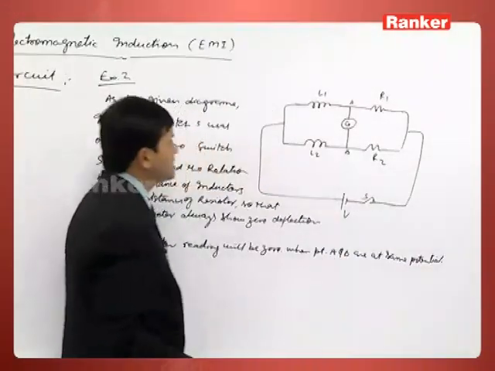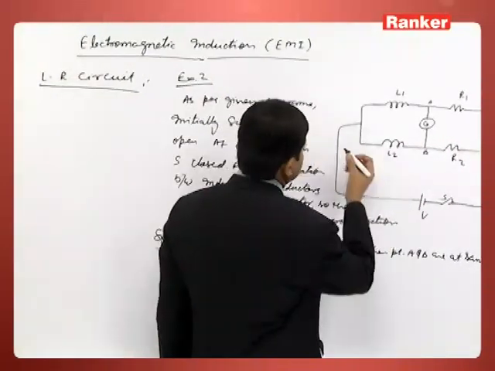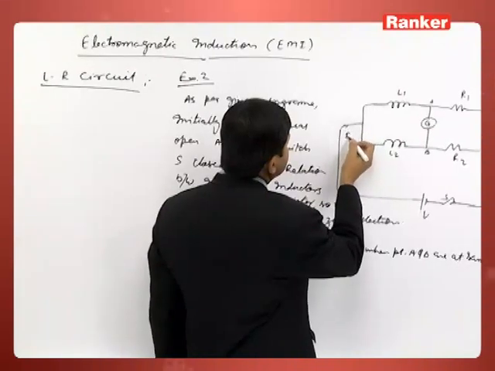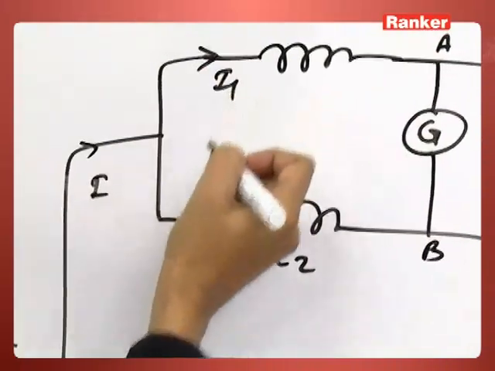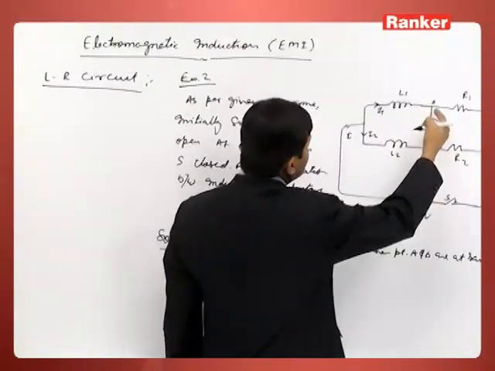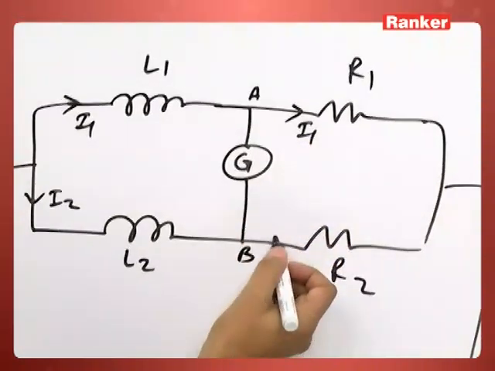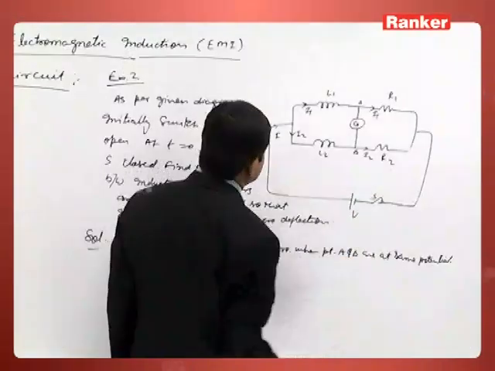At any time, if I is the current here, let I1 be here and I2 here. Since there is no current through the galvanometer, this is also I1, this is also I2.